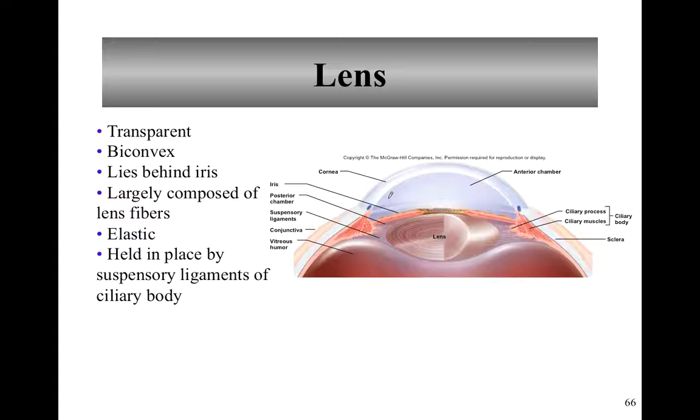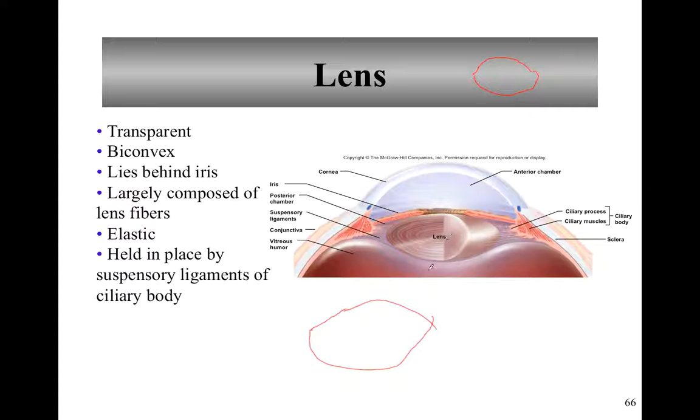Biconvex means it has 2 convex surfaces. So the lens has this surface and then the other convex surface. That's horrible biconvex, but this thing's not easy to draw on. So this, and then that's a little bit better. It's behind the iris.